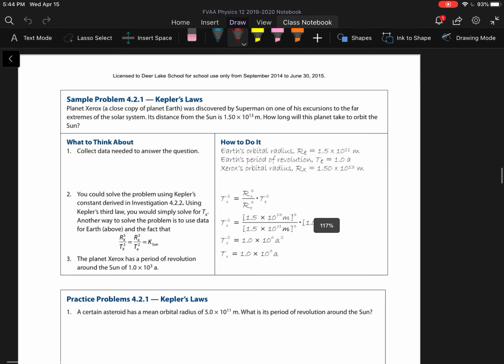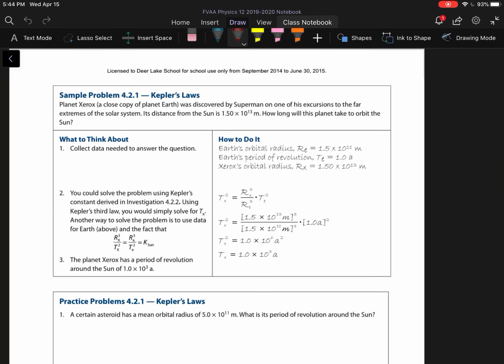So they had this example question: planet Xerox, just discovered by Superman on one of his excursions to the far extreme of our solar system. Its distance was this far away. How long will the planet take to orbit around the sun?